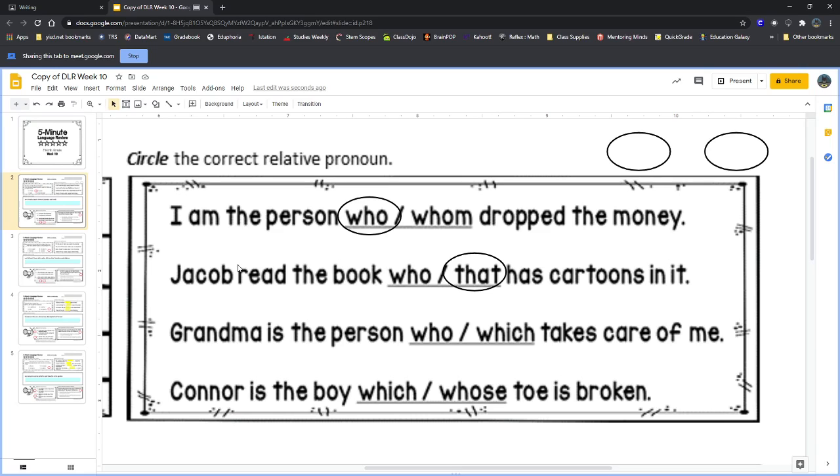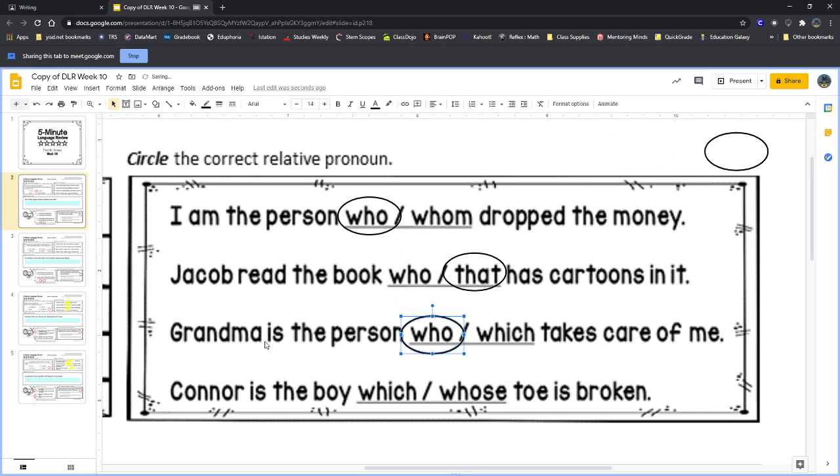Next sentence. Grandma is the person blank takes care of me. Grandma is the person who takes care of me, or grandma is the person which takes care of me. Sorry. Noah, what do you think? The first one or the second one? Who. Grandma is the person who takes care of me.